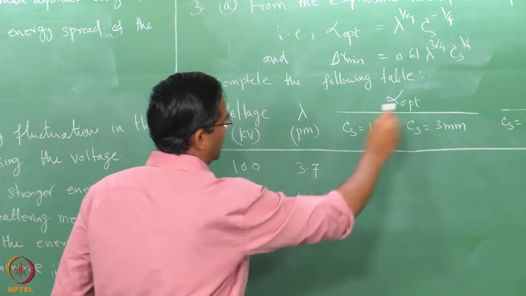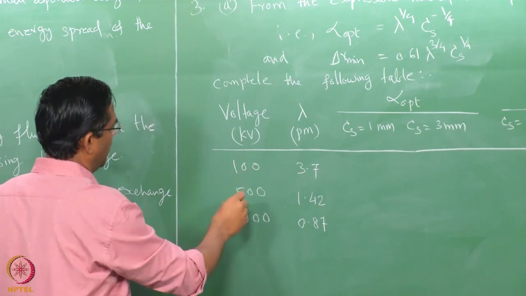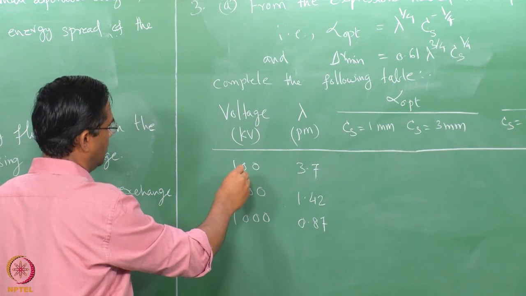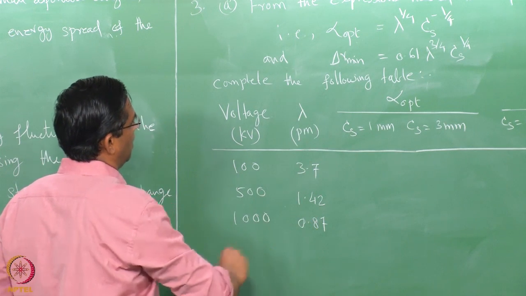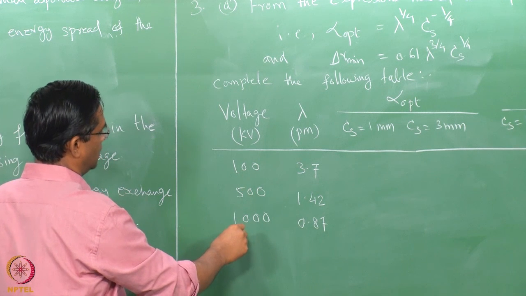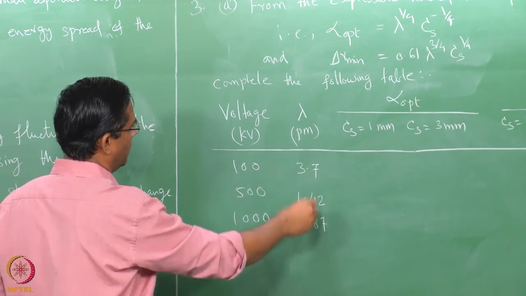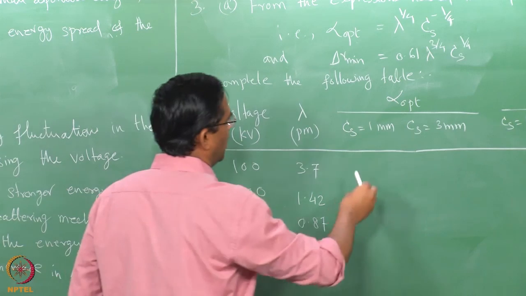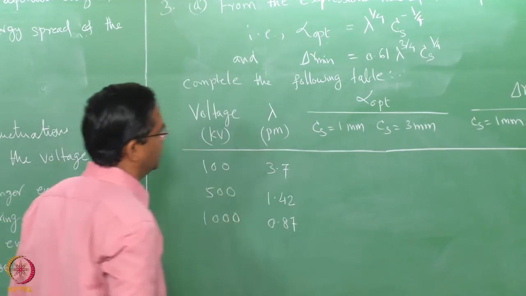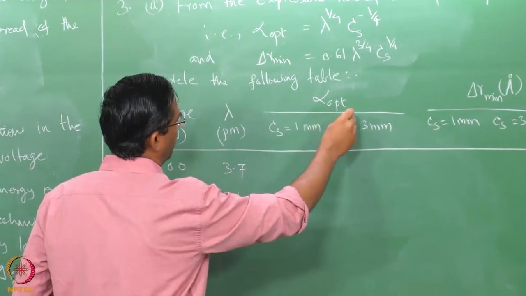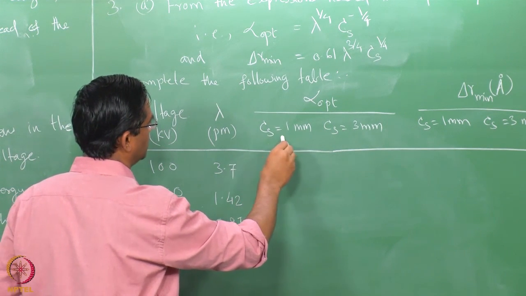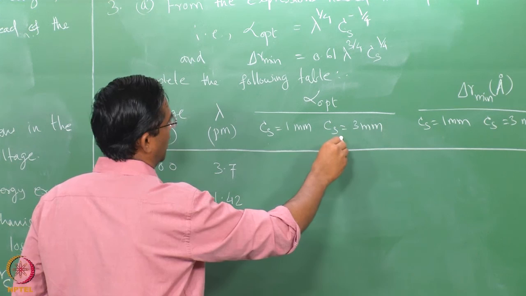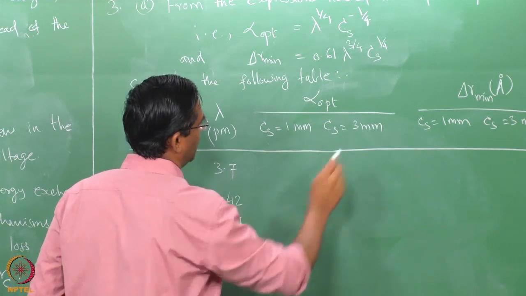create a table like this for varying the voltage, namely 100 kilovolt, 500, 1000. Obviously with the acceleration voltage changes, the lambda also changes, and you have two options here for the alpha opt with the spherical aberration coefficient with two values, Cs is equal to 1 mm, also Cs is equal to 3 mm.